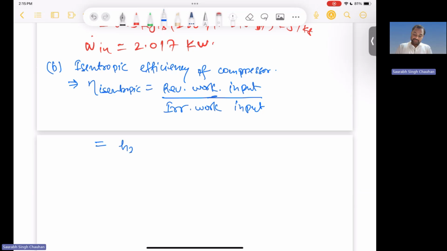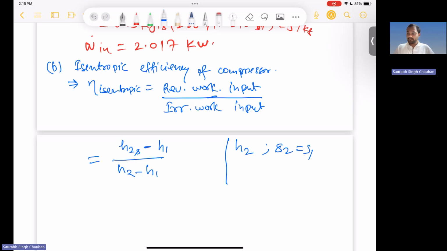It will be H2s, if the process from 1 to 2 was reversible isentropic, minus H1, divided by the actual value of enthalpy at point 2. This H2s you can find from the table using the concept that S2 is equal to S1 for the isentropic case.